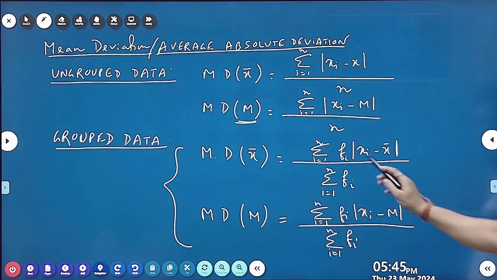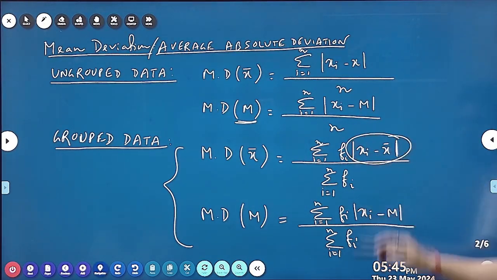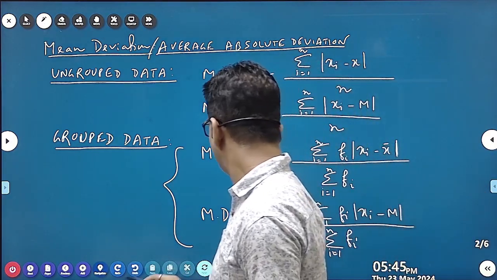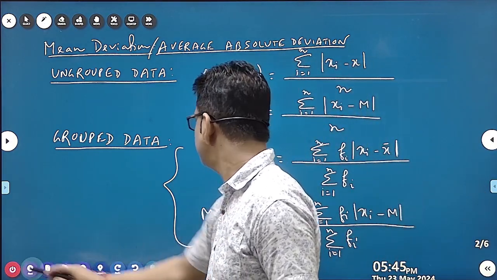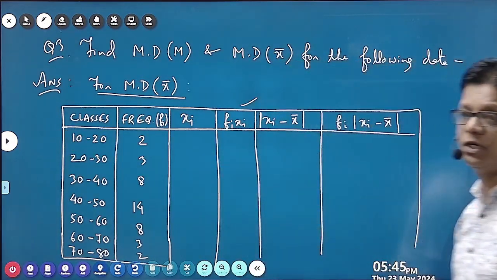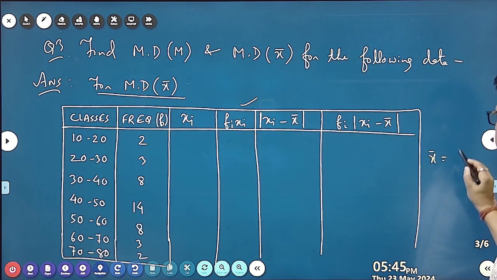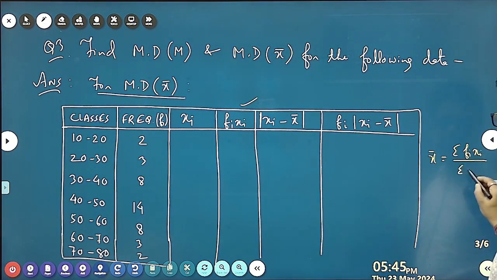So we need this only. But to get this x bar, means to get a mean, we have done this column extra. Now why this? Because for the x bar formula you will be using summation of fi xi by summation of fi.